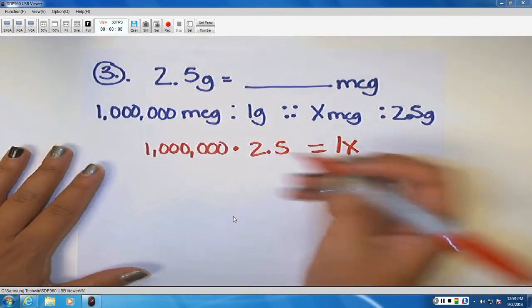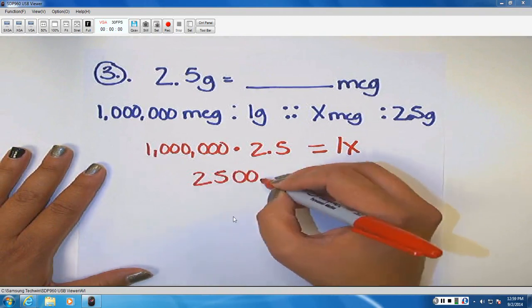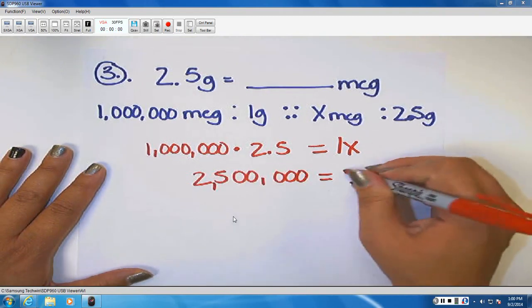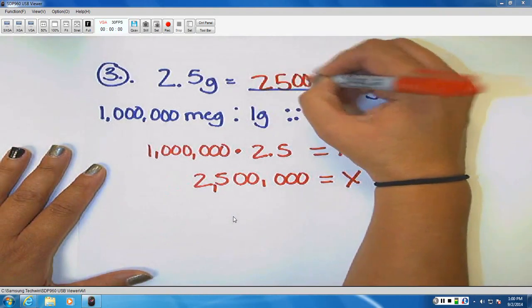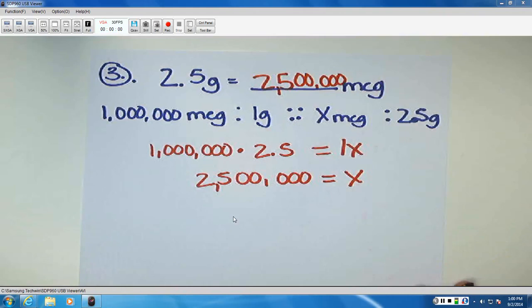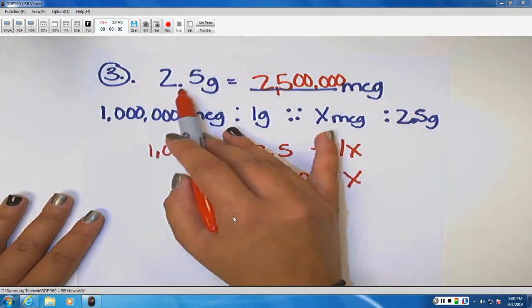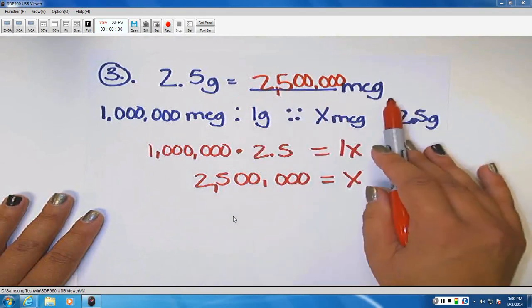That ends up being 25. So my answer is 2,500,000. So 2.5 grams equals 2,500,000 micrograms.